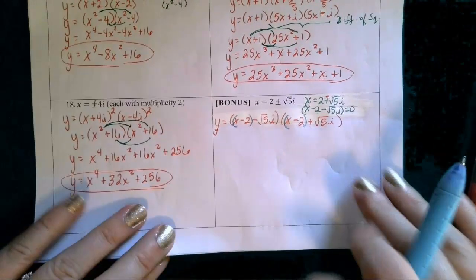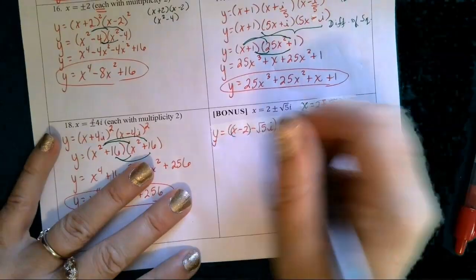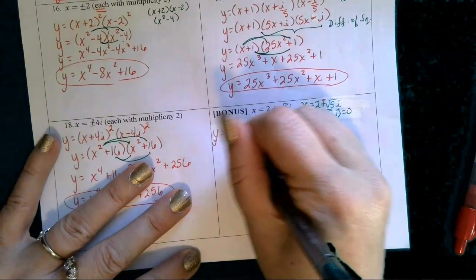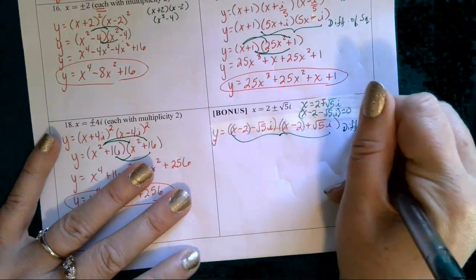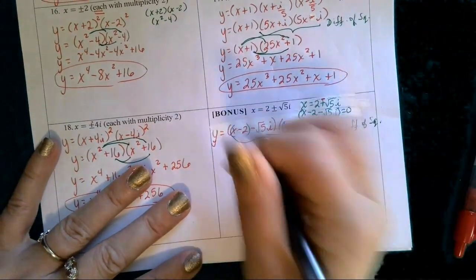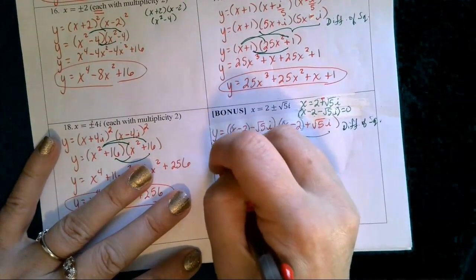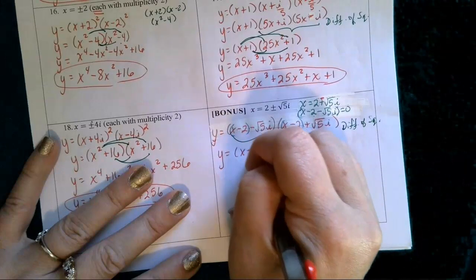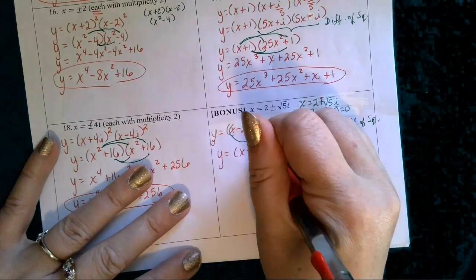So when I use my difference of squares shortcut, because this is a difference of squares, I square the first, which is x minus 2, and that gets squared.